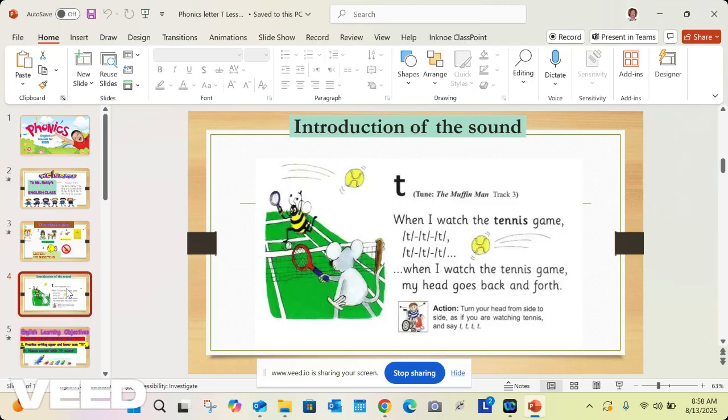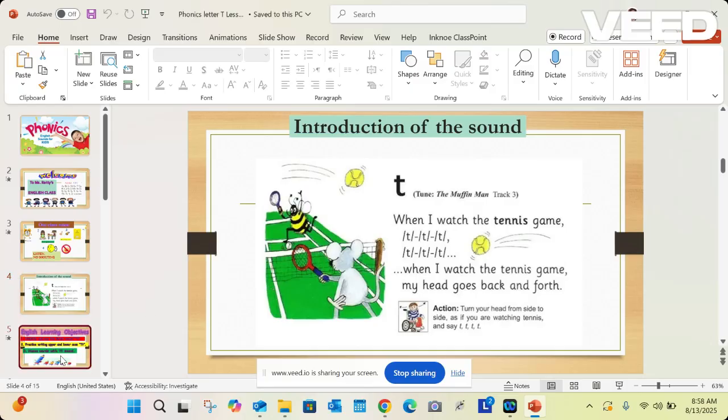You can sing, you can do the actions as well. All right, so I want you to have more practice saying the letter T sound. We say it like this. Tss, tss, tss. Can you do that?